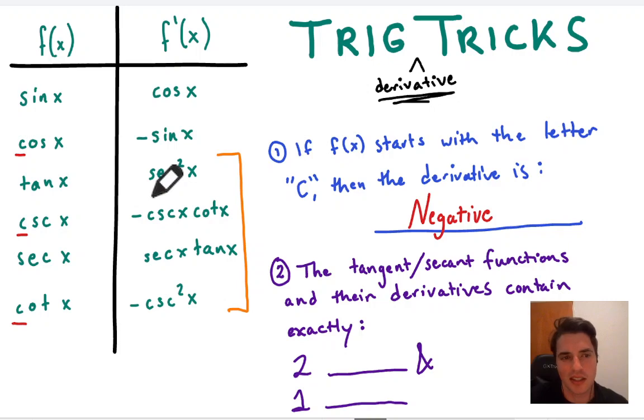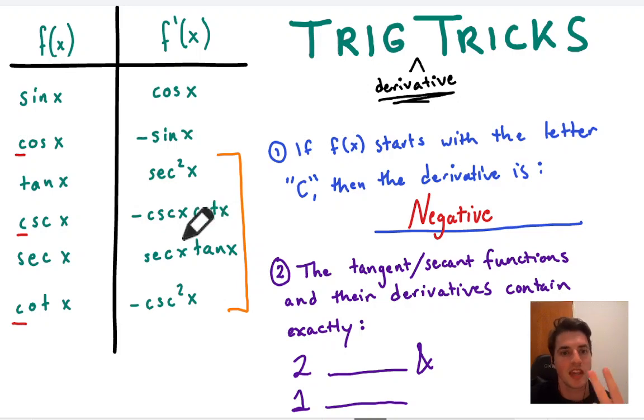Why are we thinking like this? We're not doing that with sine or with cosine. The reason is, if we continue looking at all of these, we can use this method to find our derivative very easily. If we continue, cosecant, I have one cosecant, so we need another cosecant and a cotangent.